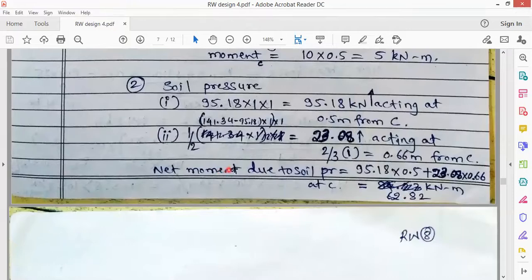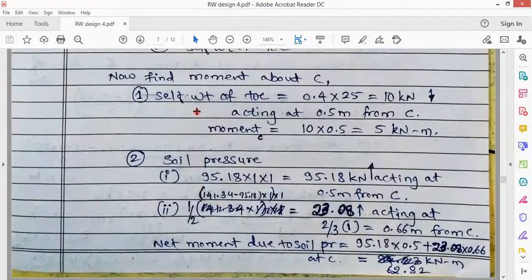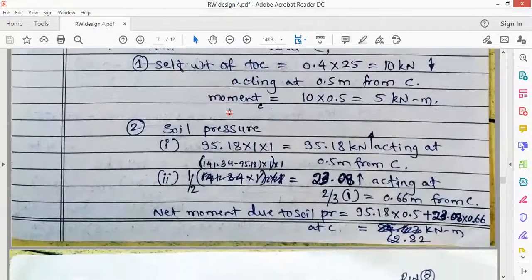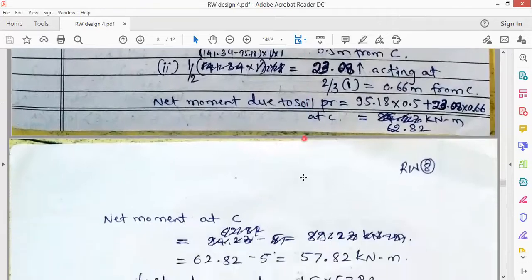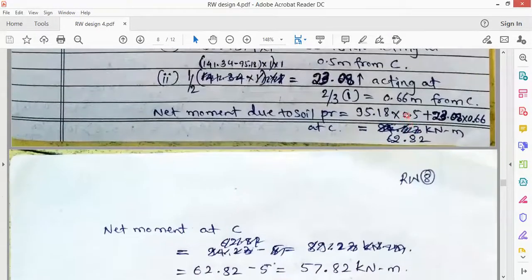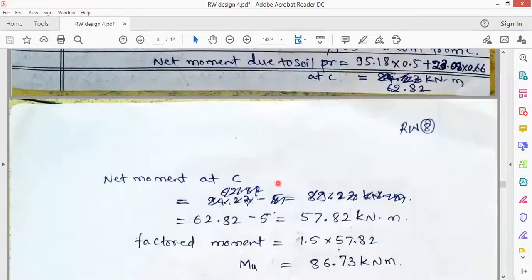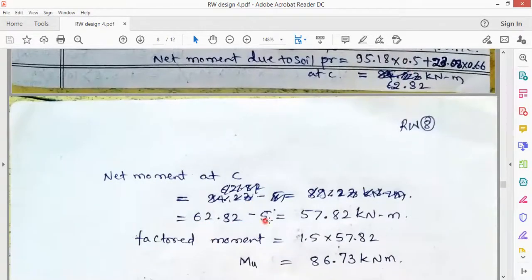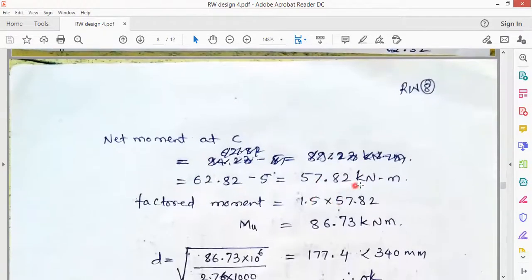So students, now we have calculated the moment due to soil pressure and due to the self weight of the toe. So what is the resultant moment we will calculate? Net moment at C is equal to, this is upward, this is downward. So this minus this, 62.82 minus 5. It is 57.82 kilonewton meter. That is the resultant moment.